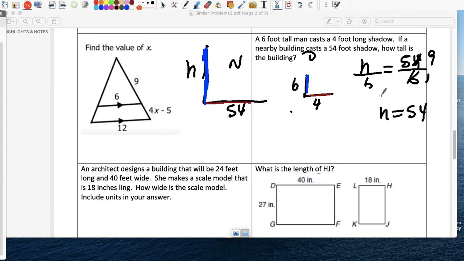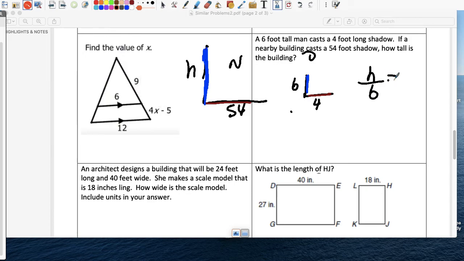Oops, give me a second. 9 times 6, 54. Something's not right here, let me just redo this. So h over 6, oh, 4. So 54 over 4. I'm sorry, we can still simplify.